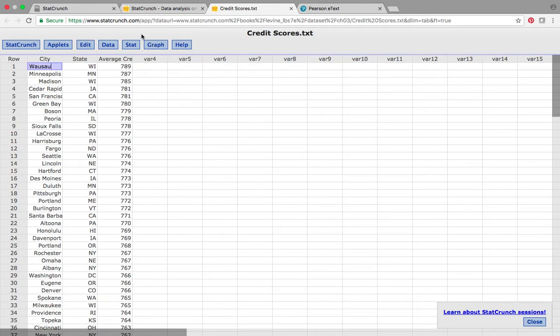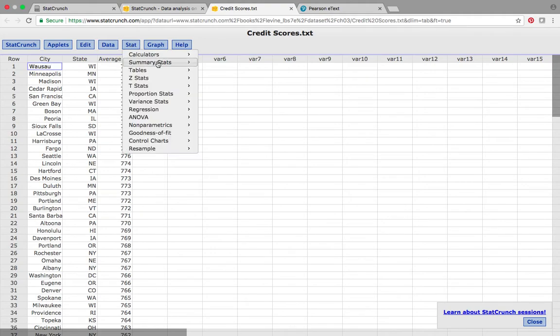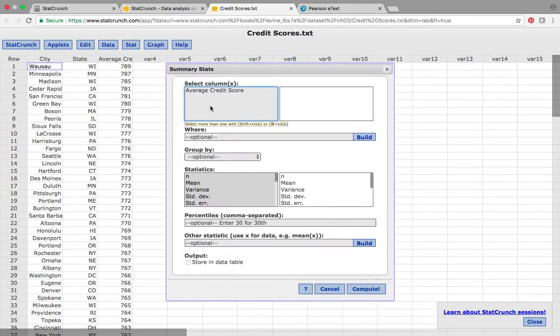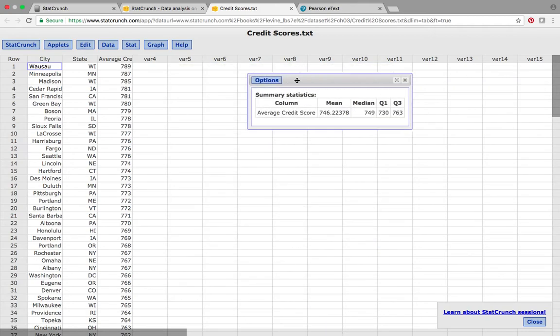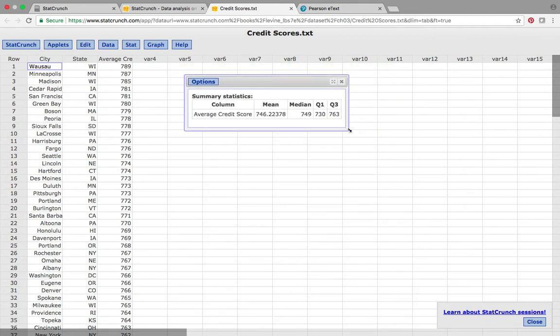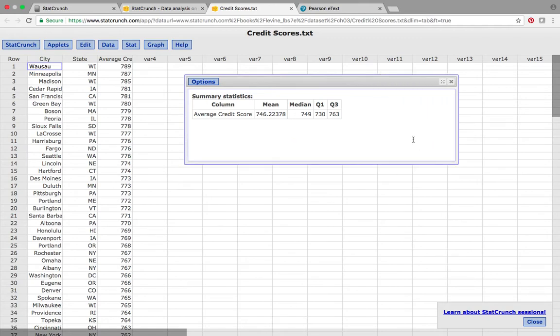So, guys, same game. Let's go through summary stats, column average credit score, and what we want is the mean, the median, Q1 and Q3. So we can say that the average credit score is 746.22. The median is 749.